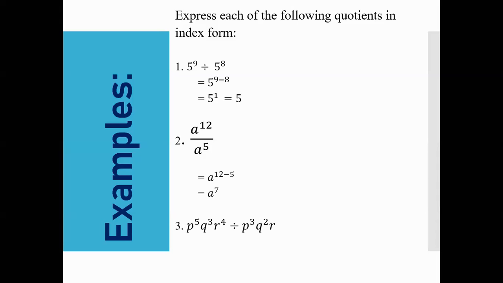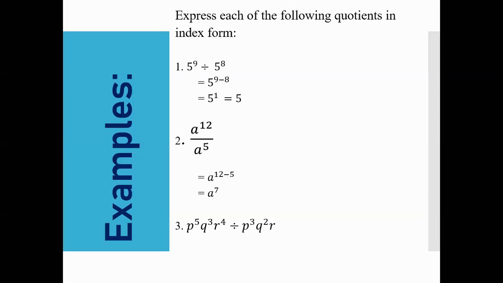And our final example is a bit more complex. We have several letters here with different exponents, but don't get scared when you see something like this. All you do is you group the letters that are the same together, because remember, you can only apply these laws if the bases are the same.